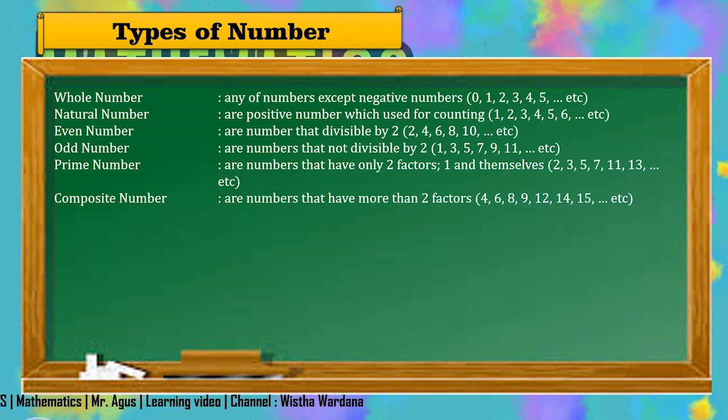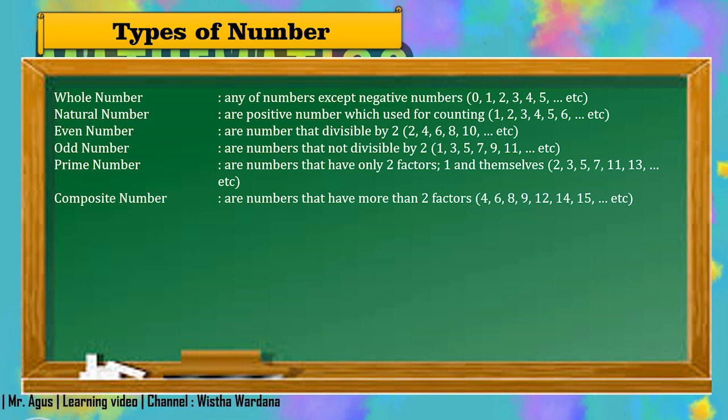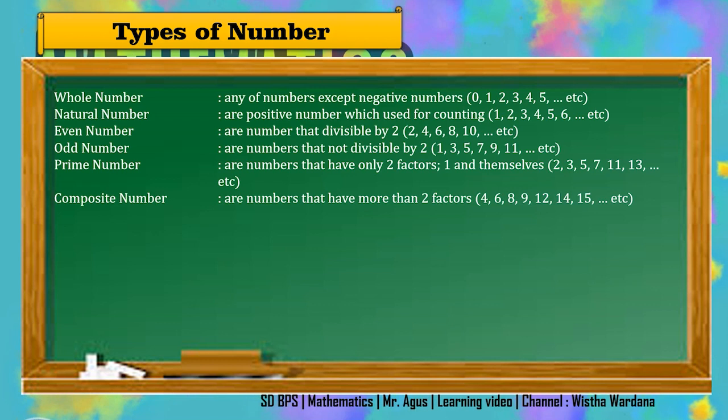We have a whole number. Whole number means any number except negative numbers. For example, 0, 1, 2, 3, 4, 5, and so on. And then natural numbers are positive numbers we choose for counting. So start from 1, 2, 3, 4, 5, 6, and so on.